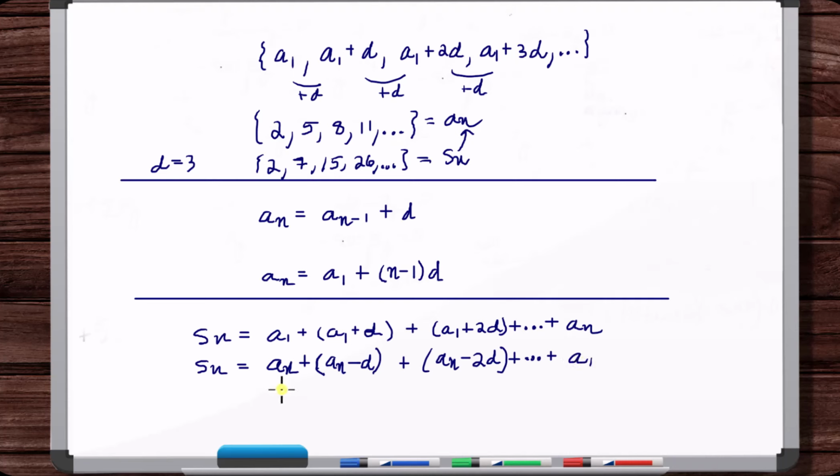Okay? You can see these are the same thing. All right, so now let's add these two equations. So s sub n plus s sub n is 2 s sub n. So here, a sub 1 plus a sub n.